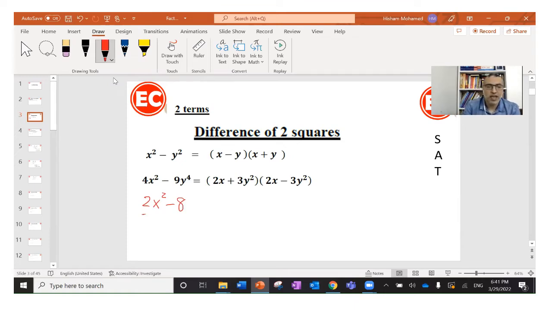So I should think of the highest common factor first. The highest common factor between 2 and 8 is 2. Then I open a bracket. 2x squared divided by 2 is x squared. And 8 divided by 2 is 4. Now, after I took the highest common factor, I can factorize this as a difference of 2 squares: x minus 2 and x plus 2.